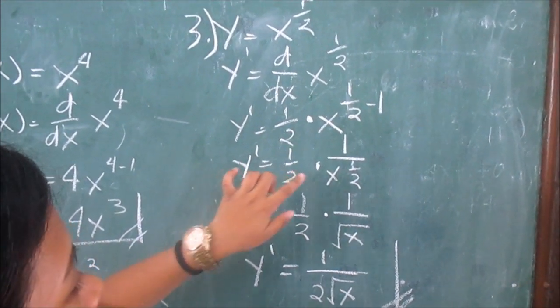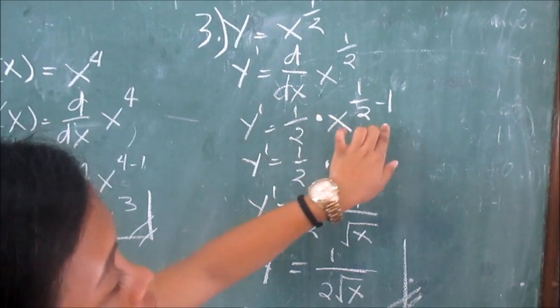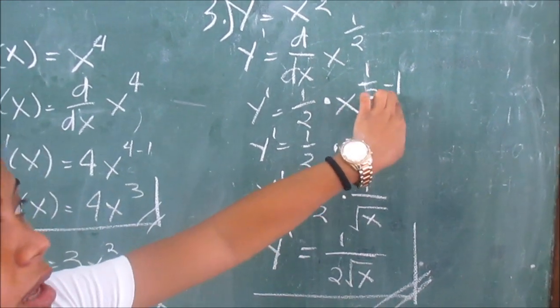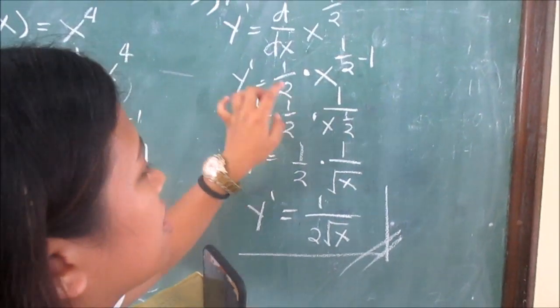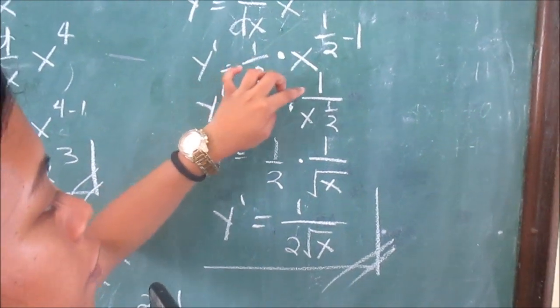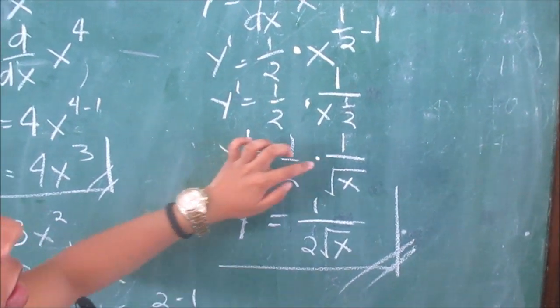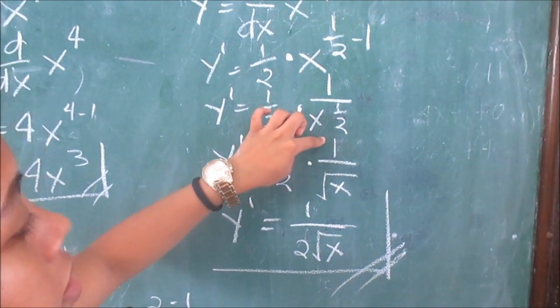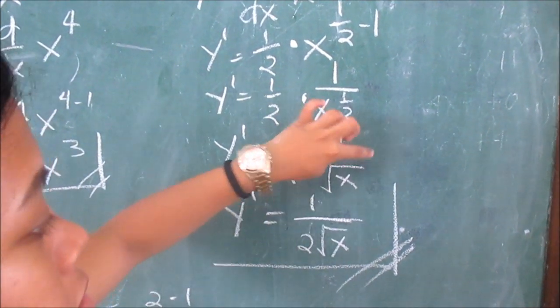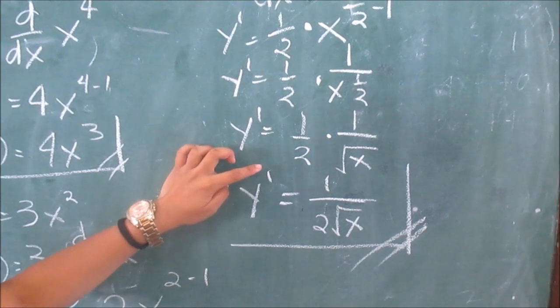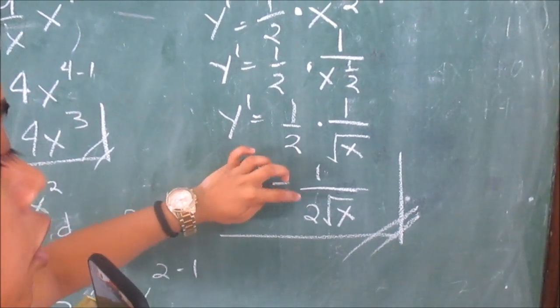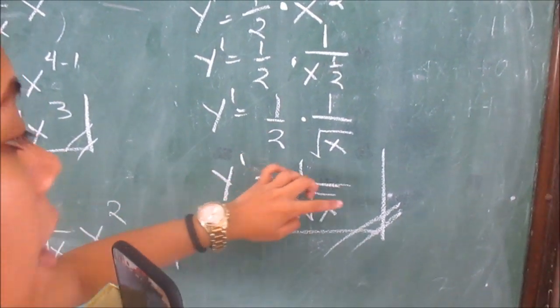So 1/2 times, we are going to transpose this since it is negative. So 1/2 times 1 over x raised to the power of 1/2. So 1/2 times 1 over square root of x. So the final answer is 1 over 2 square root of x.